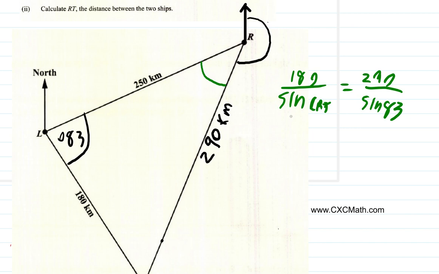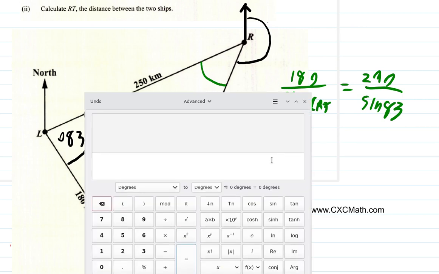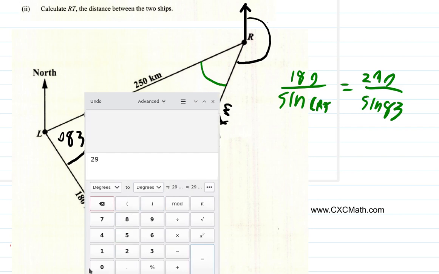What is 290 over sine 83? Let me make this a bit smaller. 290 divided by, let's use brackets for safety, the sine of 83, close bracket, equals 292.118.